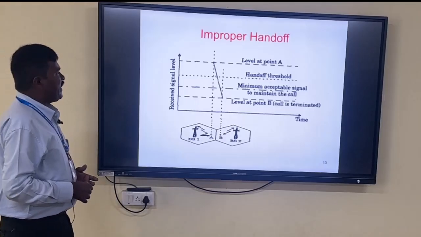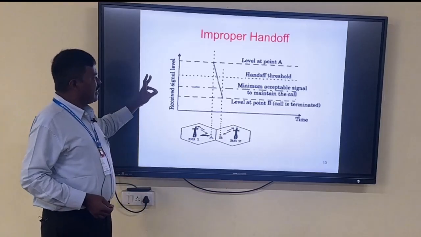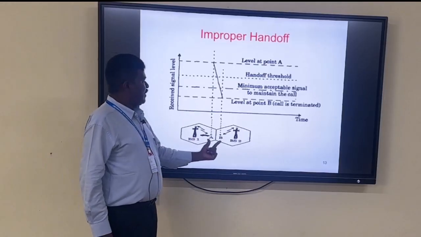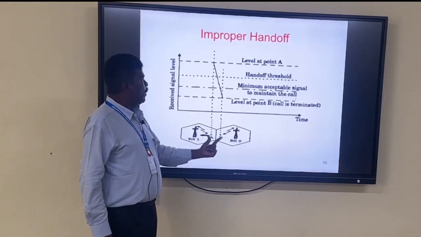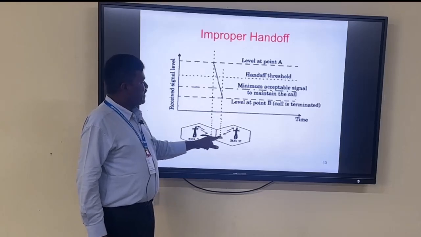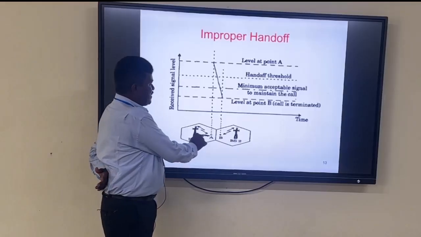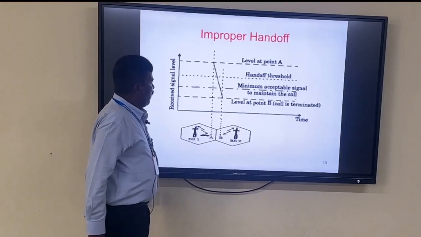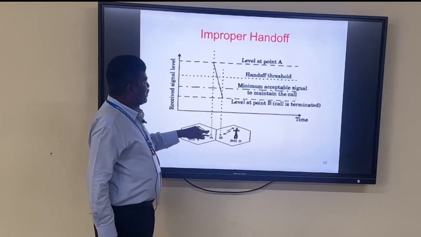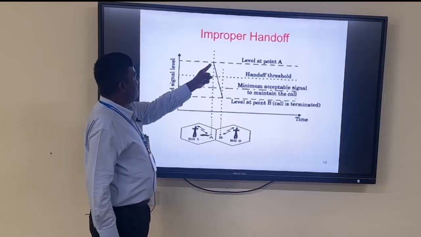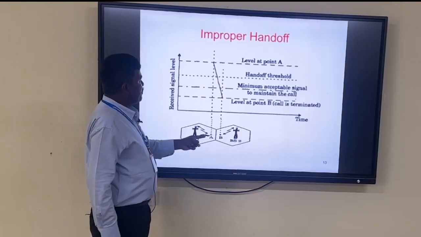Here we are taking the received signal level with respect to time. In this particular region, the handoff process will be carried out. A is in one cell, B is in another cell. When the user moves from A to B, the received signal level is high at this particular point.